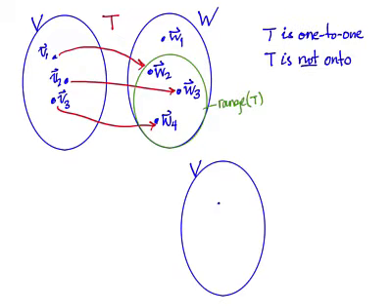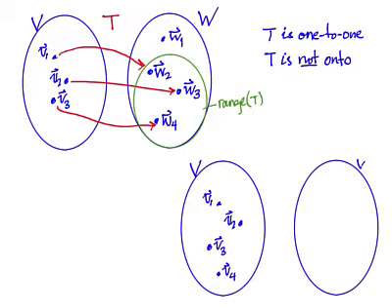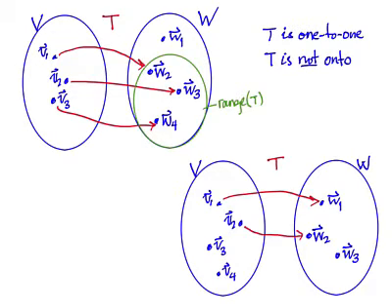And another similar picture, let's say here's V. It's got these four things in it. And W has just three things in it. And here's T. It sends V1 to W1, V2 to W2, V3 to W3, and V4 also goes to W3.